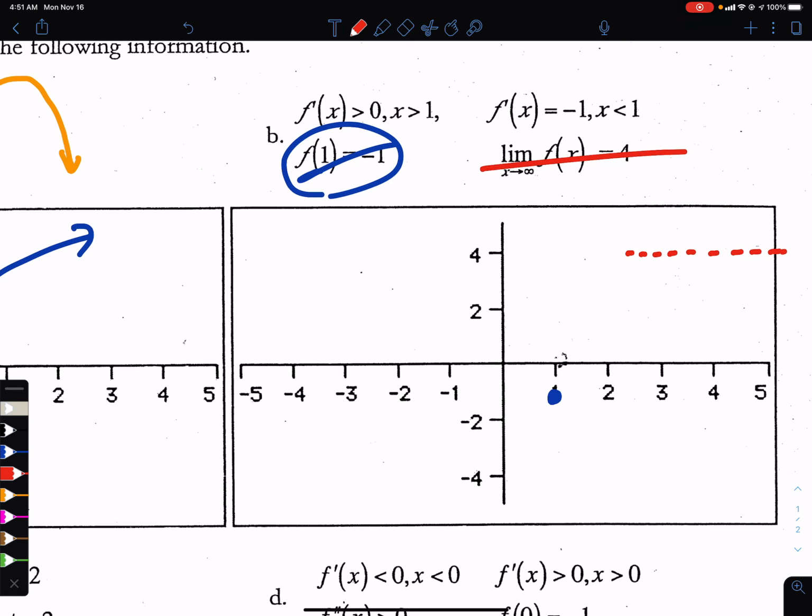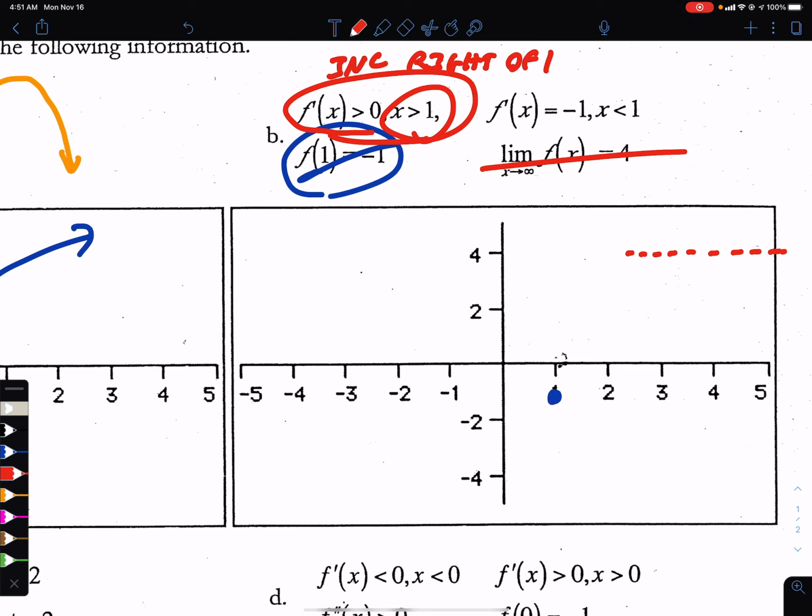Let's see. Let's interpret what this thing is saying. This is saying that the function's increasing where? When x is greater than 1, to the right of 1. And what is this saying? The derivative is -1. So basically it's a line with a slope of -1.